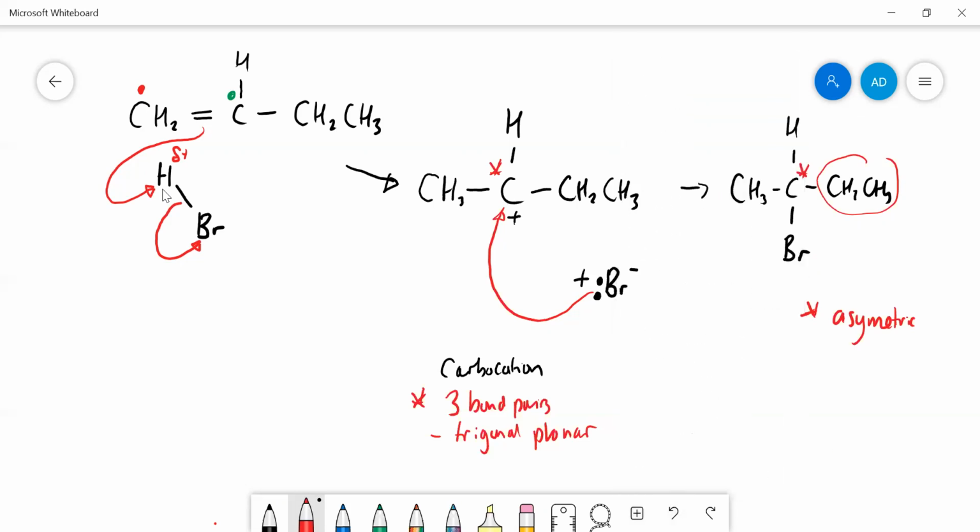Well, both isomers will be formed, and they'll be formed in a 50-50 mixture. Both isomers, and that's called a racemic mixture.